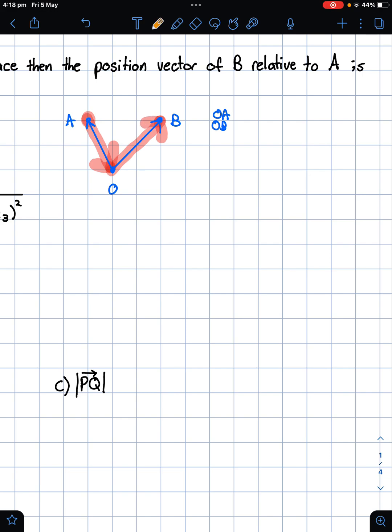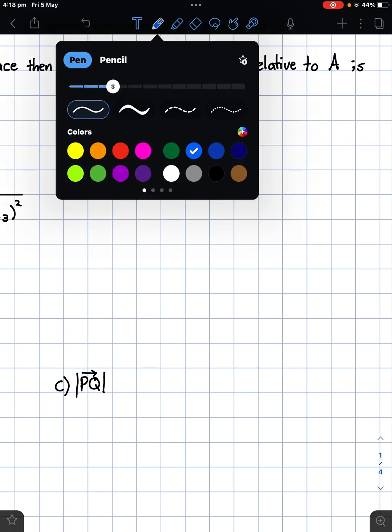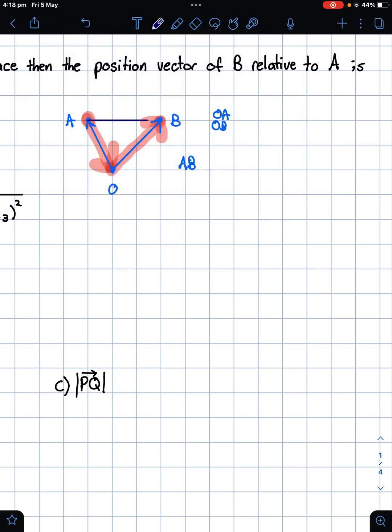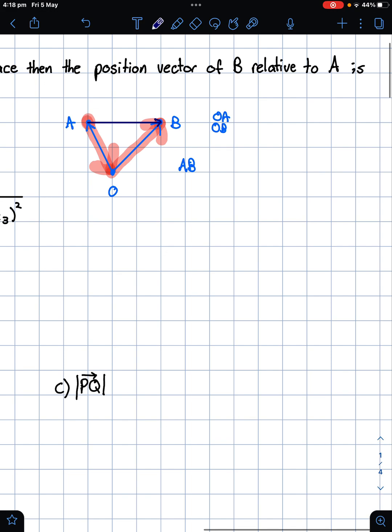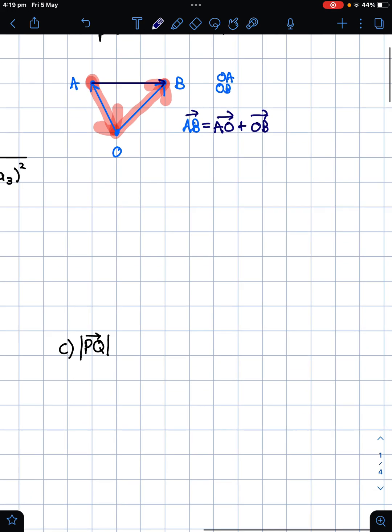Now, this first vector, we're going from A to B. With this, AB is going to be equal to A to O plus O to B. This should be refresher from last year.